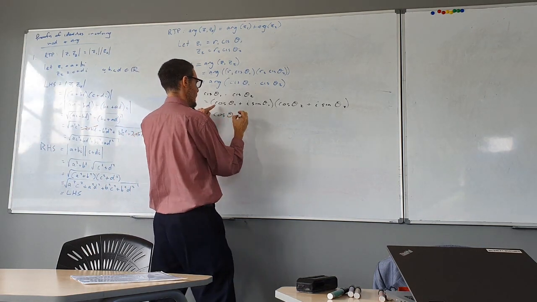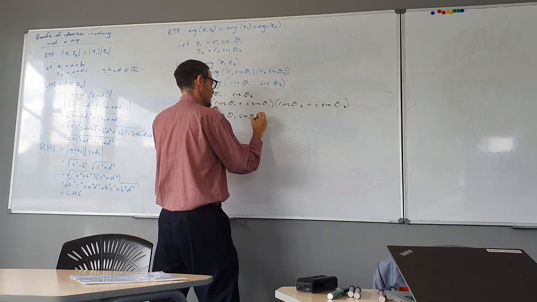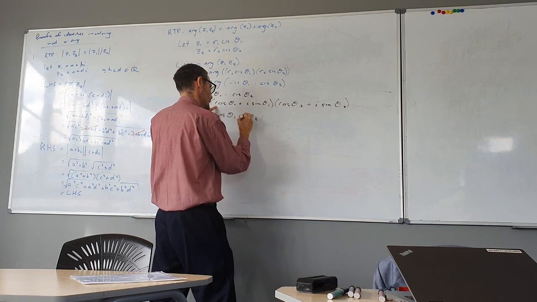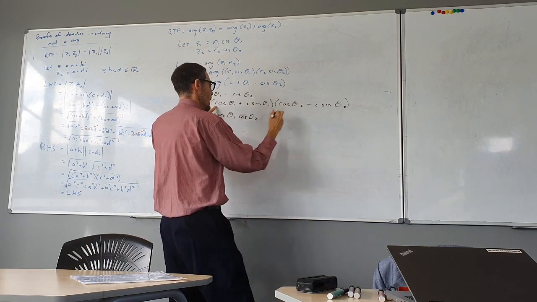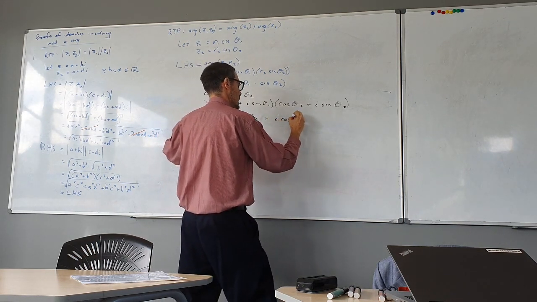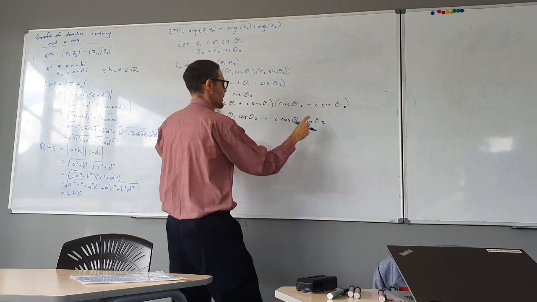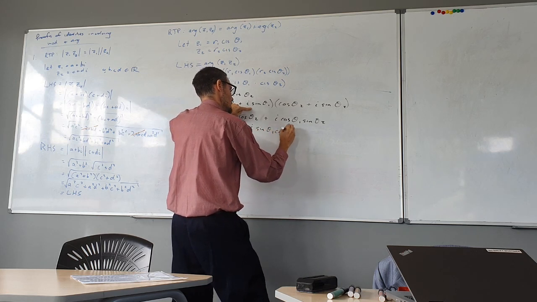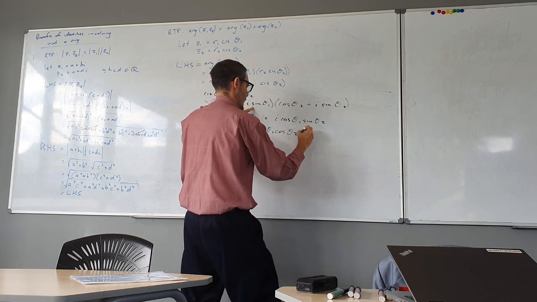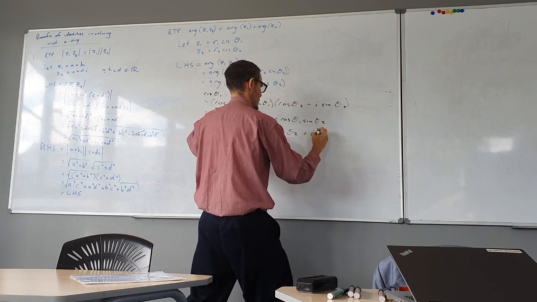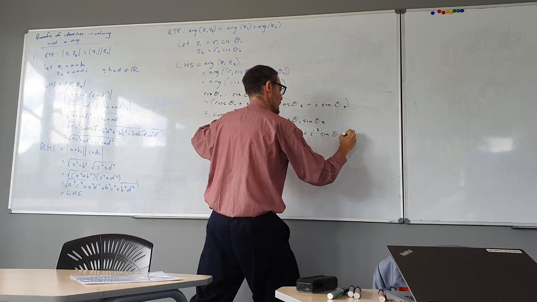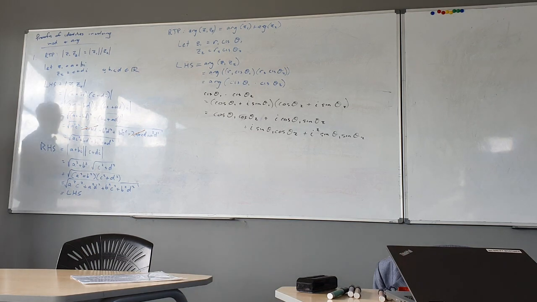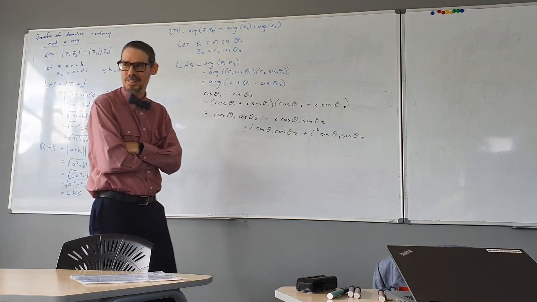Cos theta 1 cos theta 2, plus i cos theta 1 sine theta 2, plus i sine theta 1 cos theta 2, plus i squared sine theta 1 sine theta 2. Be careful, some of those 1s and 2s are subscripts.